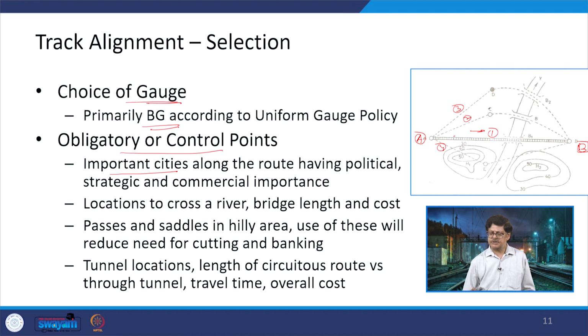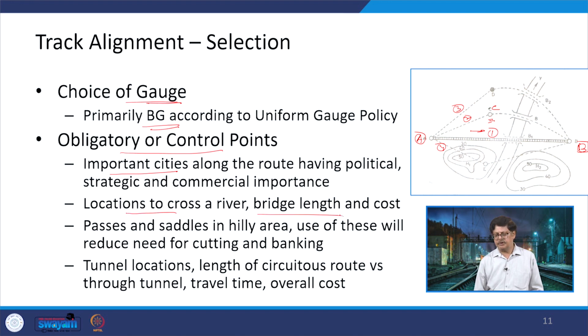Say if we talk about alignment number 2, there is a city C, and this city C has importance. So, the alignment has been shifted, that means now we are not going direct. It is going to be a bit longer, but C is being connected and then we go to B. Similarly, it can happen with respect to D.